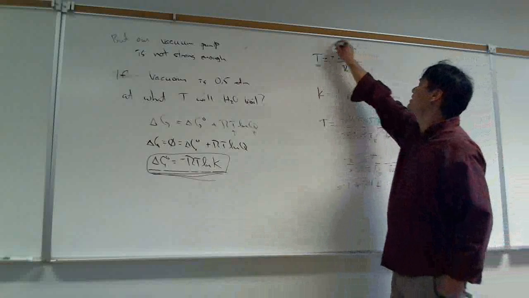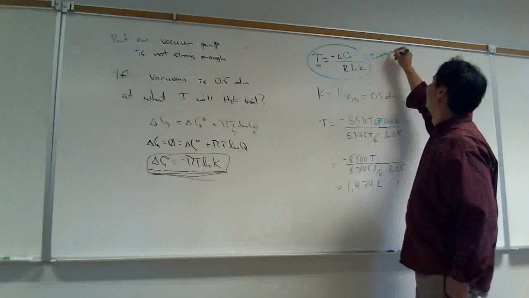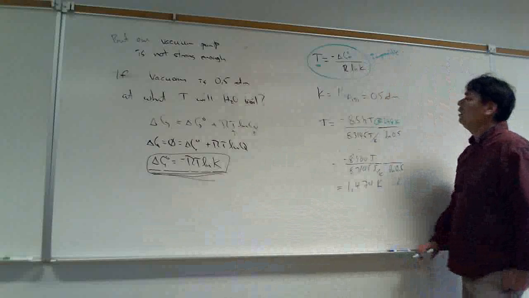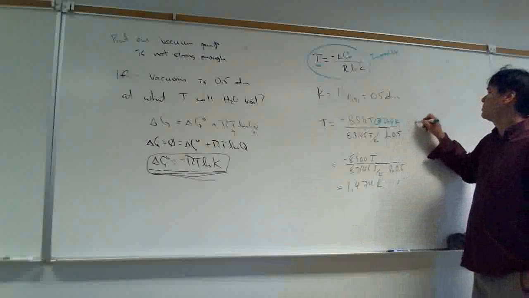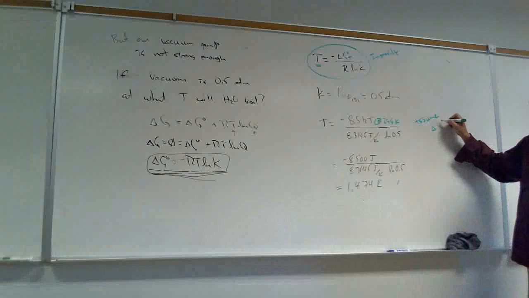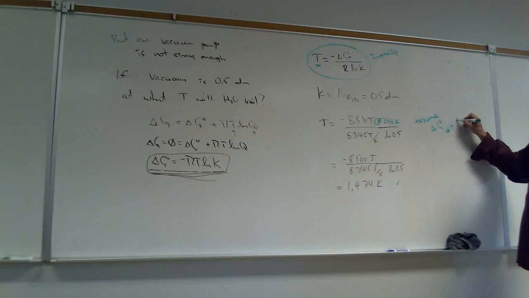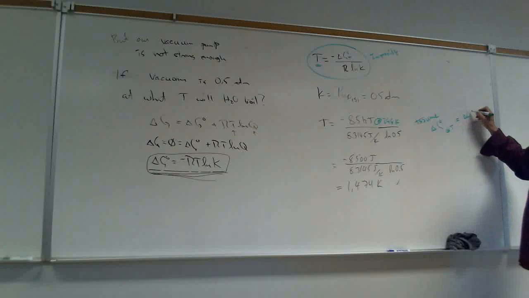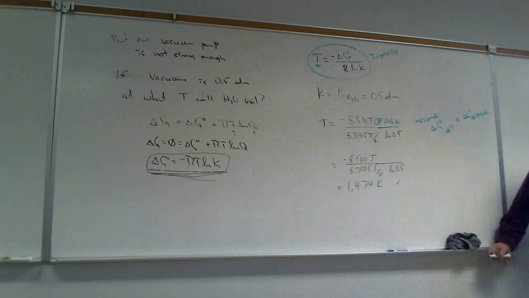And so do you see this is an impossible equation to solve? Because the only way I could solve this is by making this assumption. I had to assume that delta G naught at temperature T is about equal to delta G naught at 298 Kelvin. That's the only way I can solve this problem. Is this assumption correct?